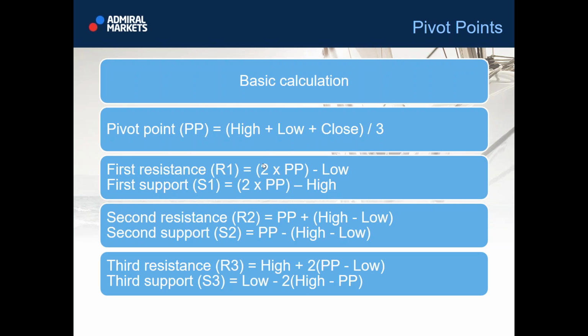This multiplication always goes first. First support is 2 times pivot point minus high, and second resistance is pivot point plus high minus low.